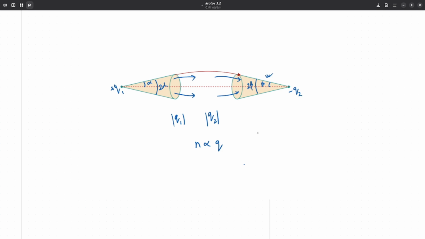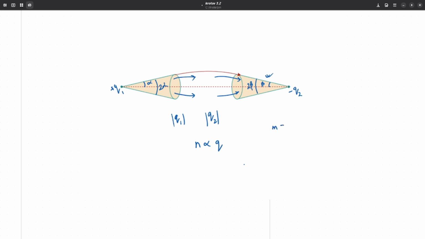Now, the ratio of the number of lines emerging from plus Q1 and entering minus Q2 to the number of lines generated by plus Q1 would be equal to the surface area of the cone by the surface area of the homogeneous sphere centered at plus Q1.